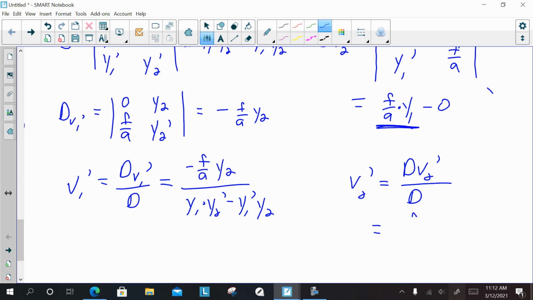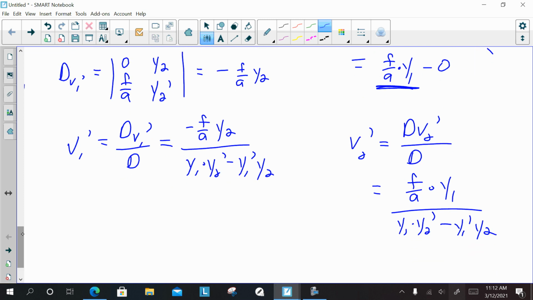So that's going to be f over a times y1 over y1 y2 prime minus y1 prime y2. All of these are going to be things that we will know for our specific differential equation. A is the coefficient of the y double prime term. F is the function on the right. Y1, y2, those are the two solutions to the homogeneous differential equation. And of course, if we know y1 and y2, we can get y1 prime and y2 prime.